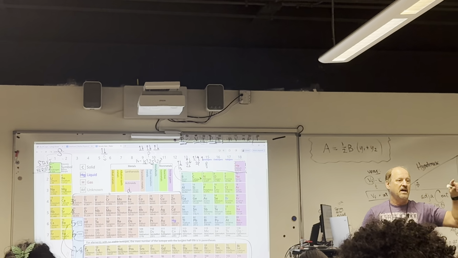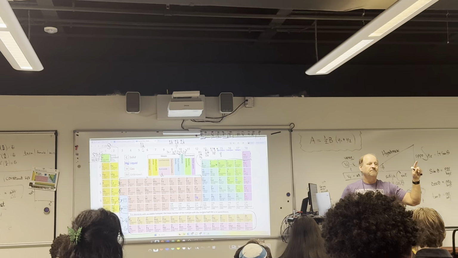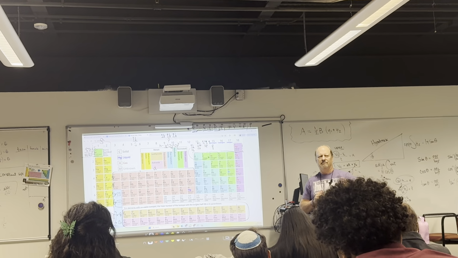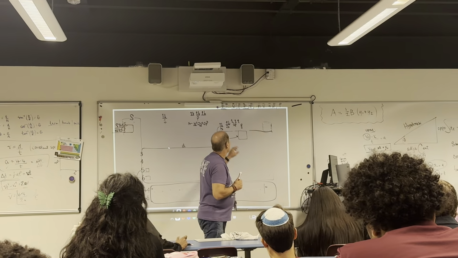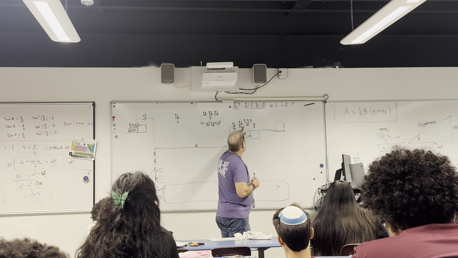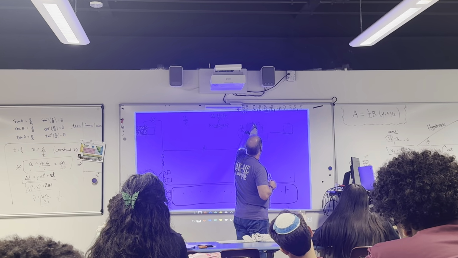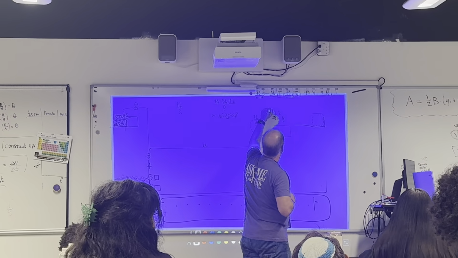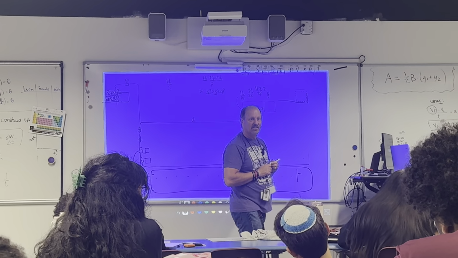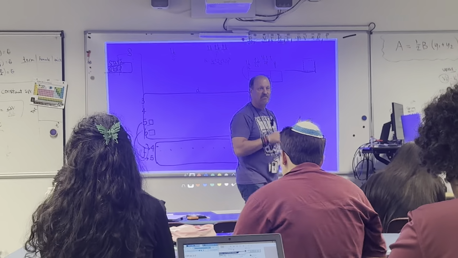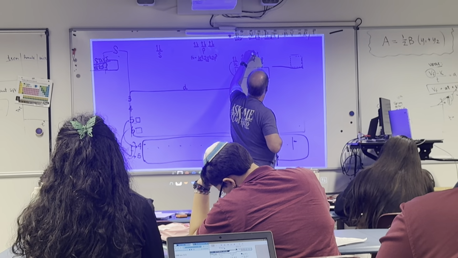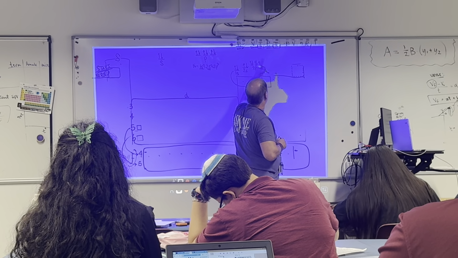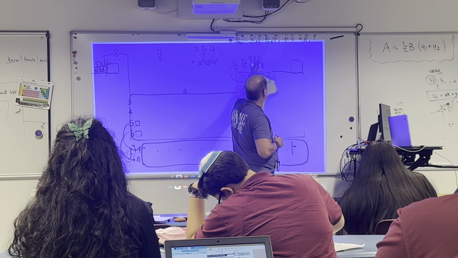It's always going to be up, up, up, and then you come back to the subshell. So like oxygen, for example, would be up, up, up, and then this one would have 2. So that would be 4. And 5 would be up, up, up, down, down. And then up, up, up, down, down, down would be the last one.